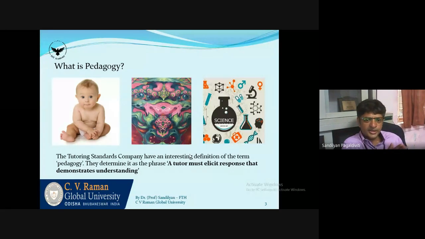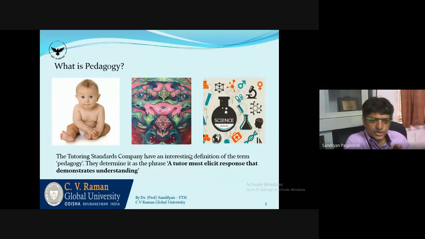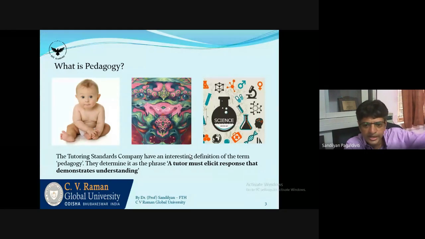Okay, so I explain here. Pedagogy actually means the art and science of teaching a child. So that is the significance of the three pictures here. Pedagogy, peda is related to children or babies. You understand, when you go to a doctor for a child specialist, that is called a pediatric doctor.